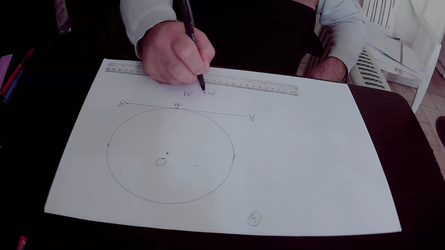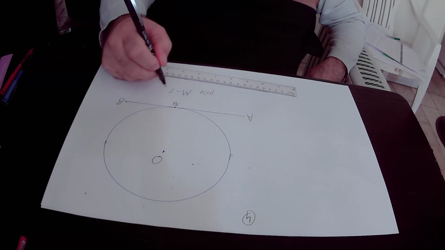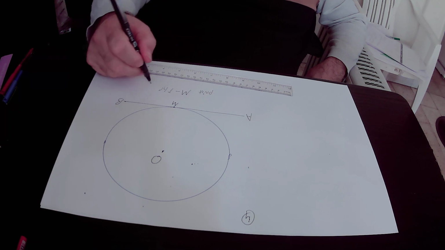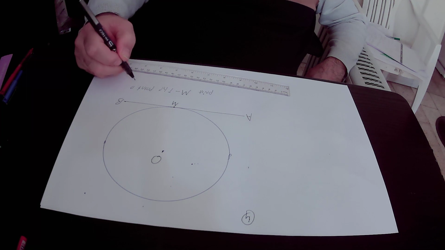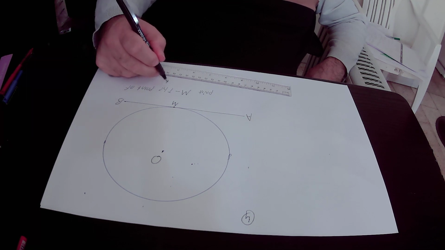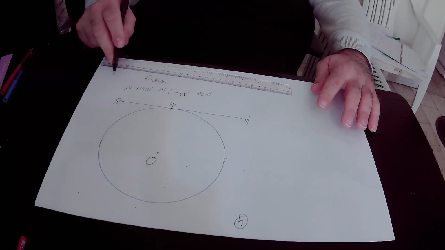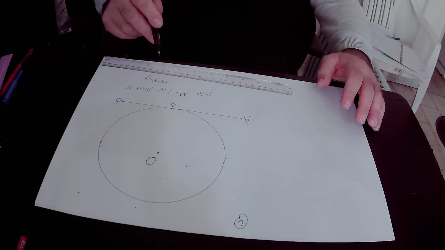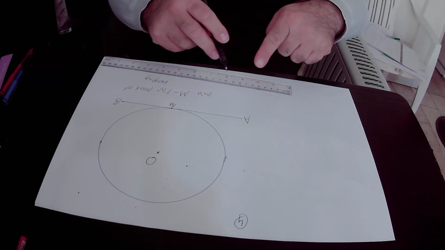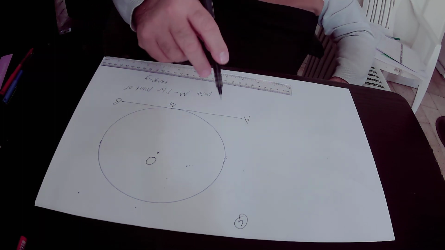Point M is the point of tangency of tangent AB with this blue circle.